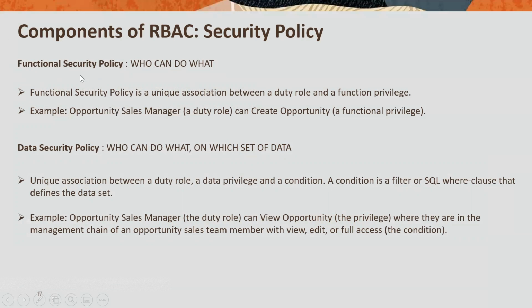That is called a functional policy. So the functional policy will tell that an opportunity sales manager can create an opportunity, view an opportunity, and delete an opportunity, right? It's again a basic privilege, basic access.